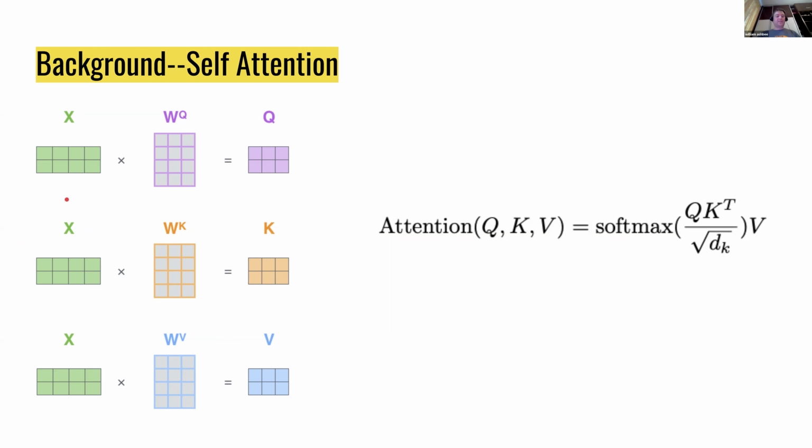So basically you have this input that you do a linear transformation on, and you get a query. You also take the input and do a linear transformation on it with this key matrix. What this ends up doing is comparing projections pairwise of the input with other parts of the input.